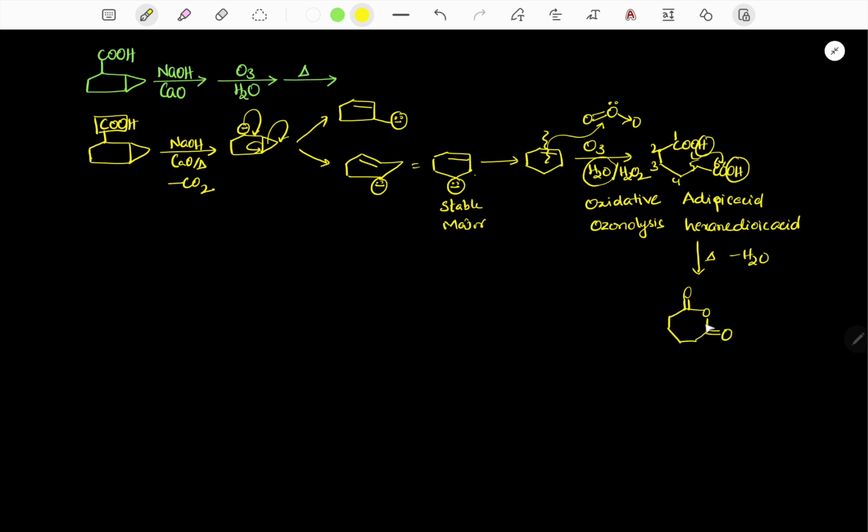But we know that a 7-membered cyclic anhydride is unstable. It immediately undergoes decarboxylation, and in between these two, C-C bond formation takes place. So finally we get the corresponding cyclopentanone and CO2.